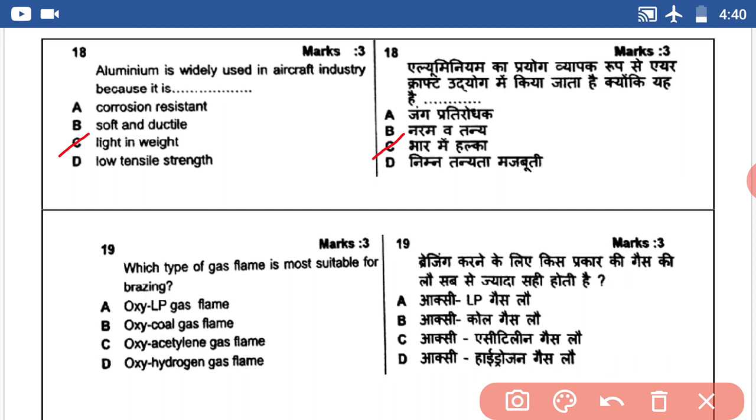Question number 19. Which type of gas flame is most suitable for brazing? This question's answer: oxy-acetylene gas flame. Answer C. Question number 20.